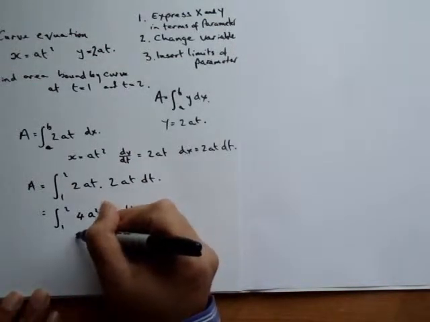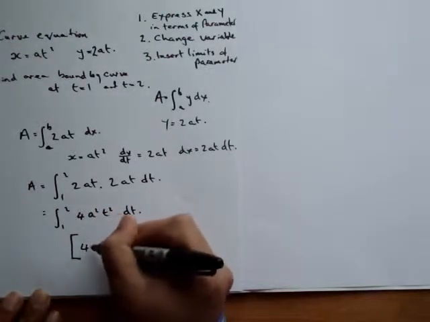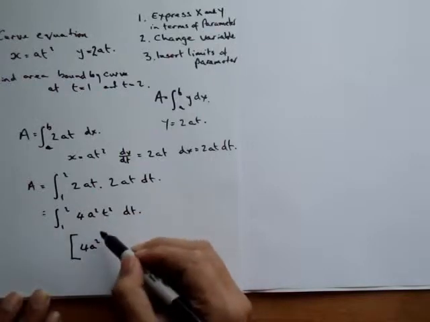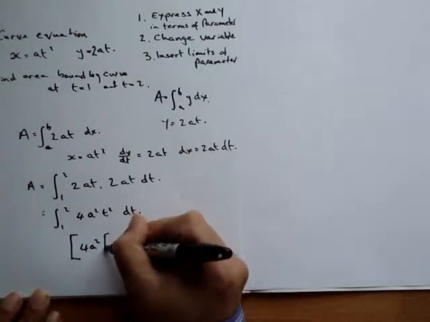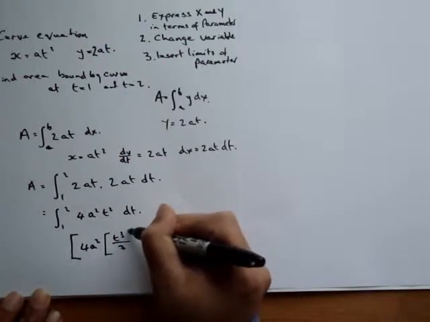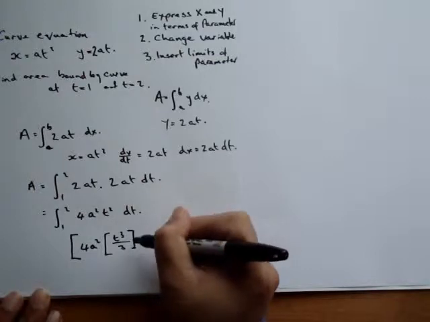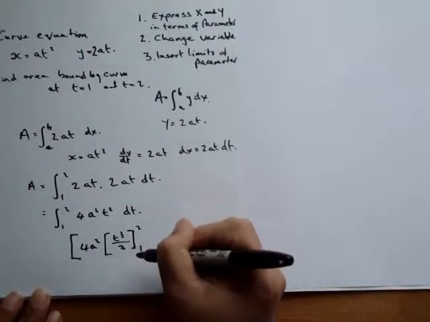Which then is, when we do the integration, 4a squared, because a squared is a constant, t cubed over 3 with limits of 1 to 2.